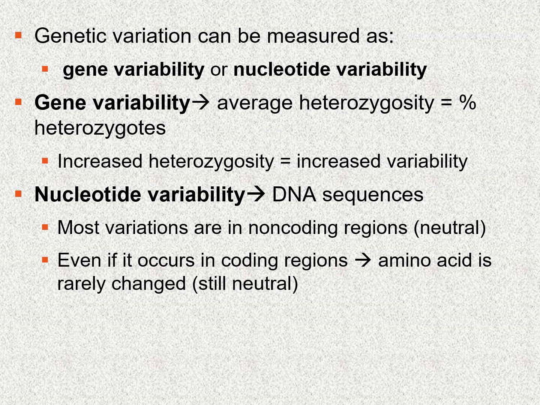So remember, if it changes an amino acid, this affects the structure and the function of a protein. That ultimately affects the fitness of the organism. So those that are neutral are ones that occur in the non-coding regions or result in an amino acid that is the same as the normal.